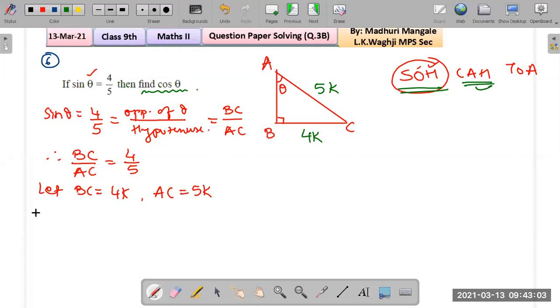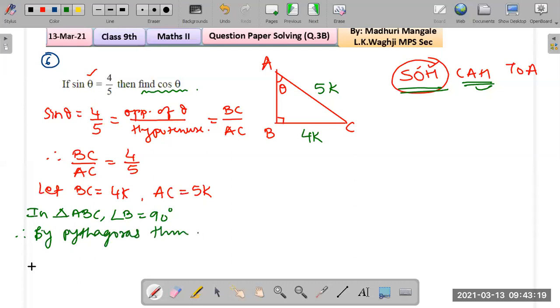How do we find this adjacent side? By using the Pythagoras theorem. So we say in triangle ABC, angle B equals 90 degrees. Therefore, by Pythagoras theorem, the hypotenuse square, as I said, ABC is the triangle.